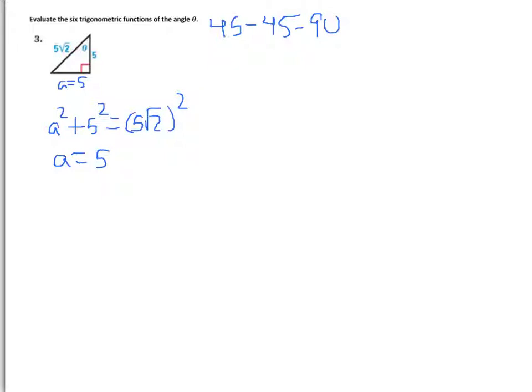So now, cosine. Well, cosine is adjacent over hypotenuse, 5 divided by 5 square root 2. Well, that equals 1 over the square root of 2, but you can't have the radical in the denominator, remember? So you got to multiply by square root 2 over square root 2, which is square root 2 over 2.